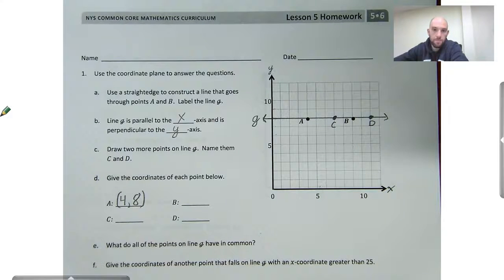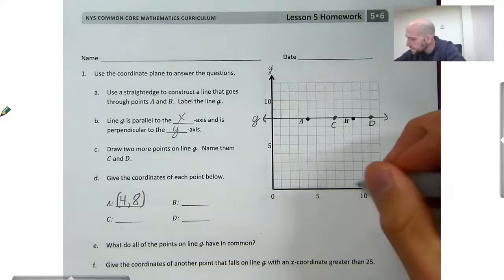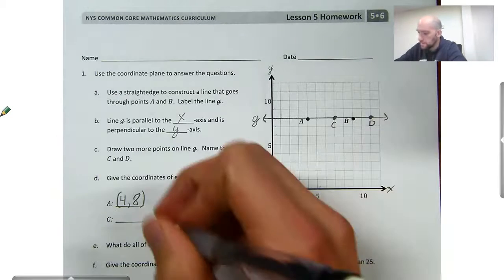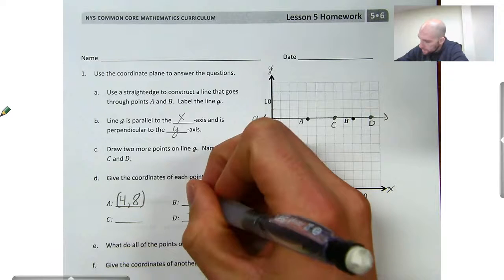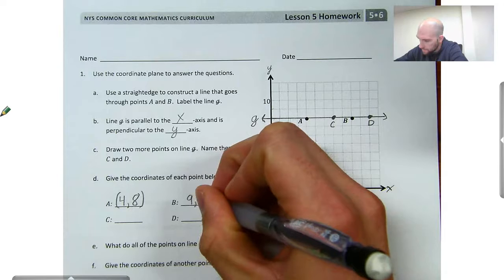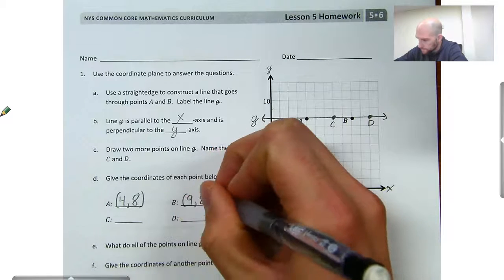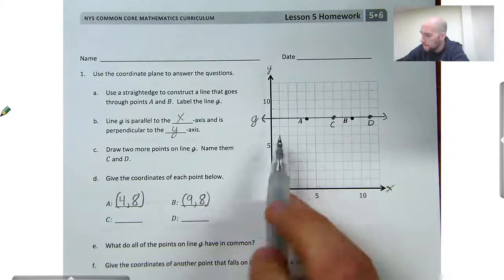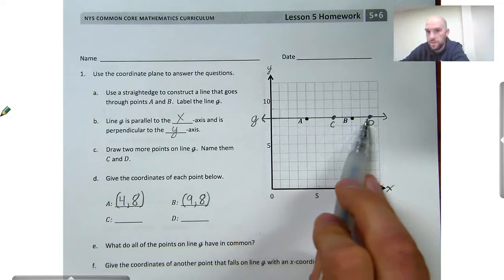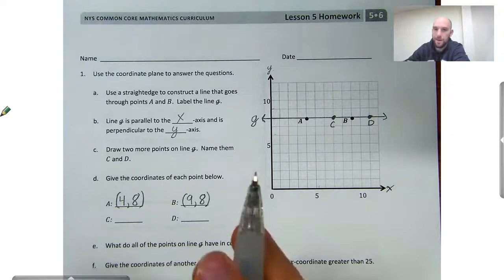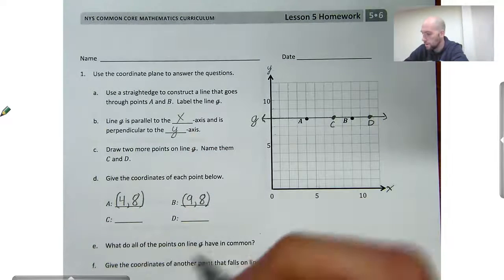For B, our x coordinate is 1 less than 10, so that's going to be 9, and our y coordinate will still be 8. Anything along this line G, our y coordinate is going to stay the same because it's a straight line. It goes right along the number 8.